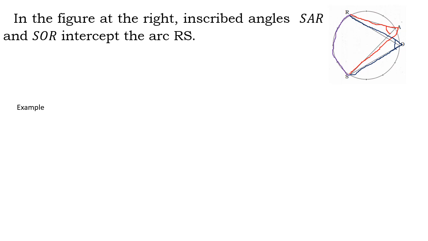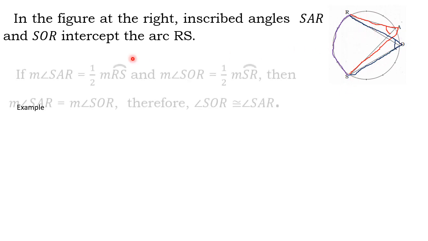So according to theorem number 2, if two inscribed angles intercept the same arc, then the two angles are congruent. Therefore, angle SAR and angle SOR have the same measurement.